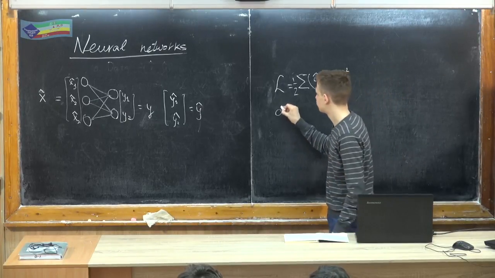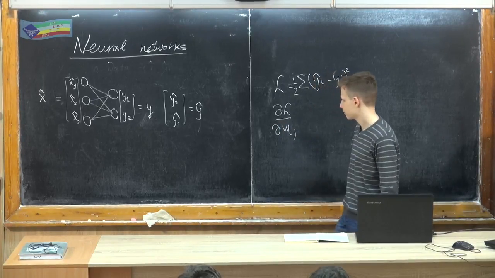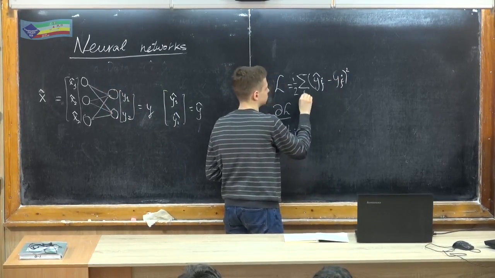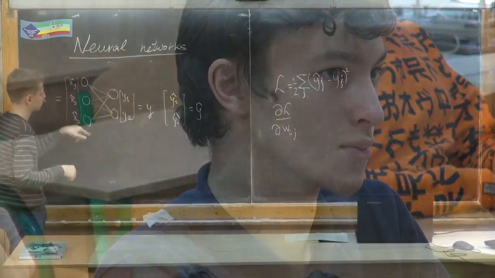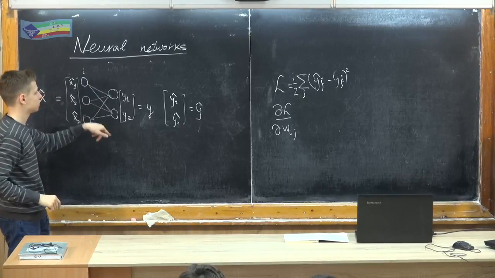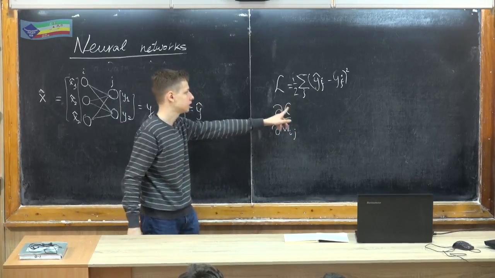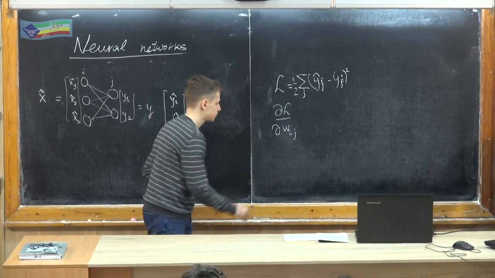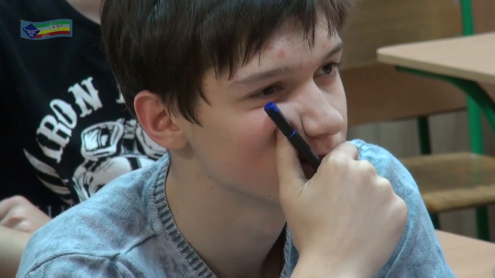Now we are introducing some indices: indices of this layer will be called i, and indices of this layer will be j. So in that case, we are summing by index j, and this weight means, in Python, a list of lists with indices i and j.